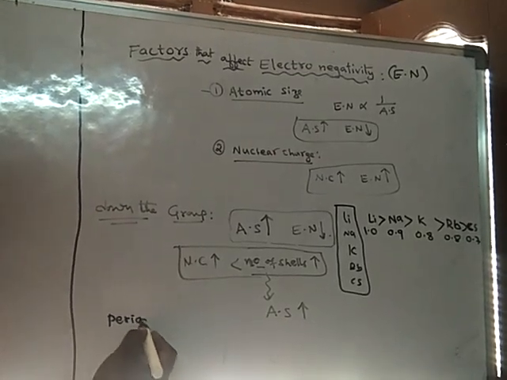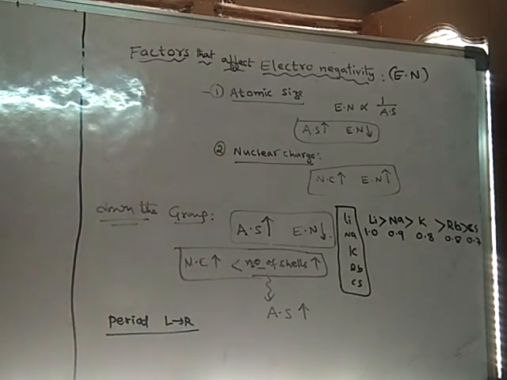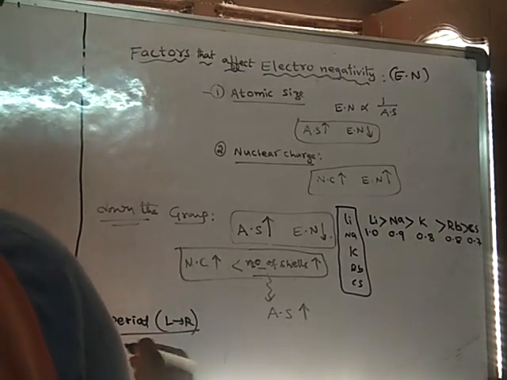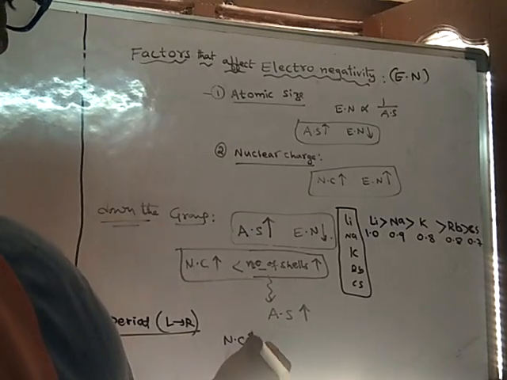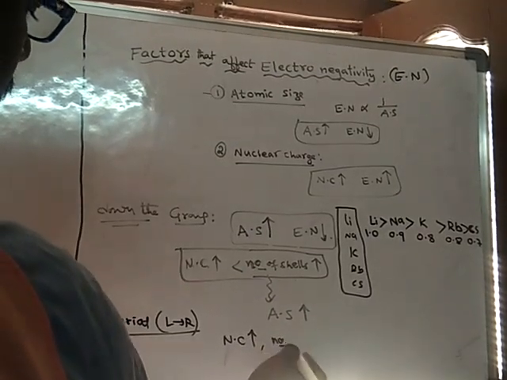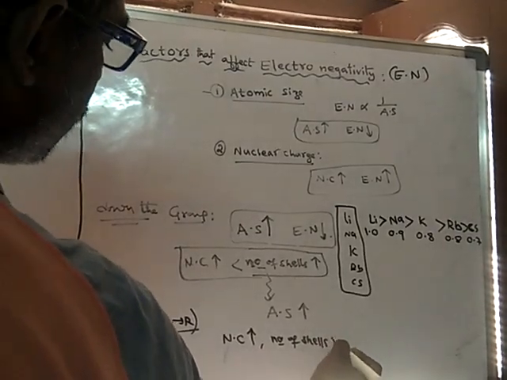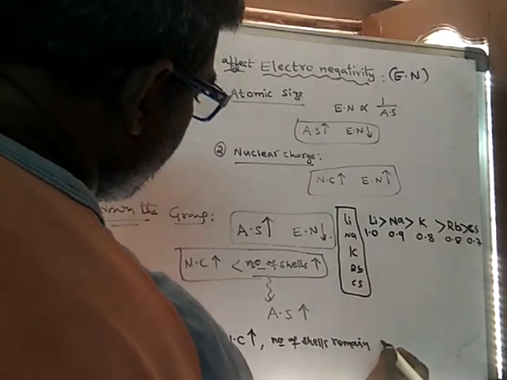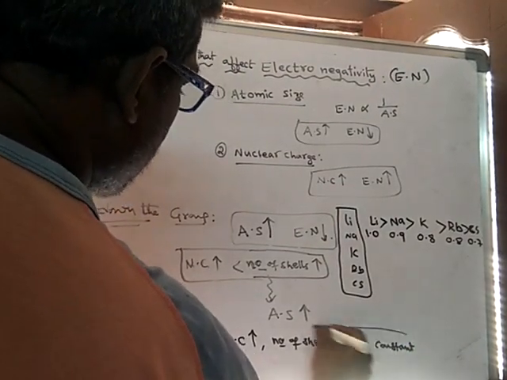Now, along a period from left to right, what happens? Nuclear charge increases, and the number of shells remains constant.